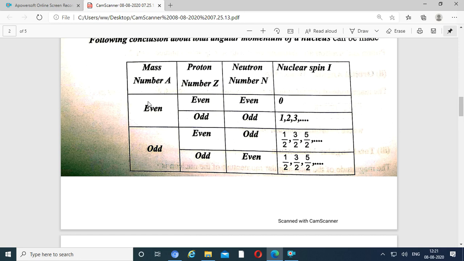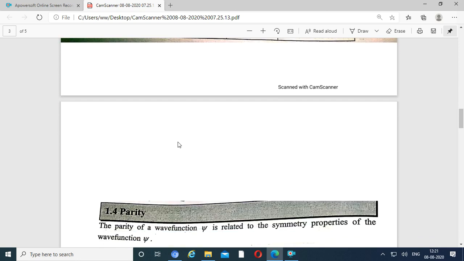In the same way, if the mass number is odd and the proton and neutron numbers are even and odd respectively, the nuclear spin will be 1/2, 3/2, 5/2. And similarly, if the mass number is odd and the proton and neutron numbers are odd and even respectively, the nuclear spin will be 1/2, 3/2, 5/2 and so on.